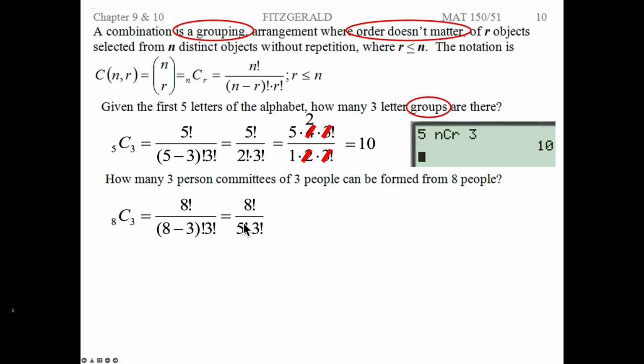So 8, count down to 5. Line those up, we'll cancel those. Count down the 3 factorial, 3, 2, 1, whichever order you want to put it in is fine. The 2 times 3 on the bottom is 6. We'll match the 6 on the top, so we'll cancel those. 5 factorials match up. 8 times 7, 56.